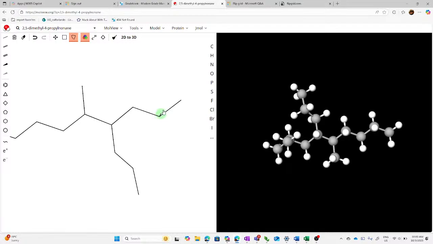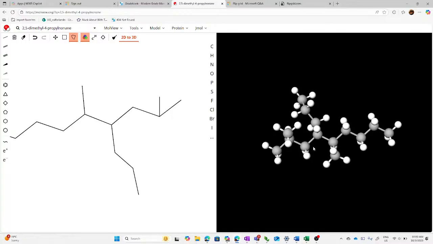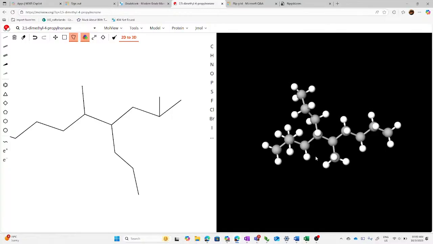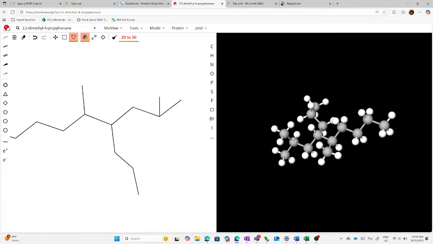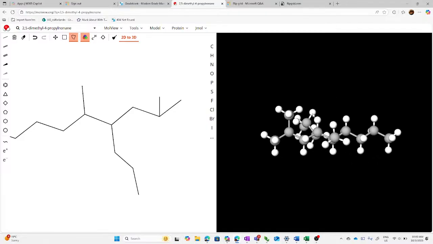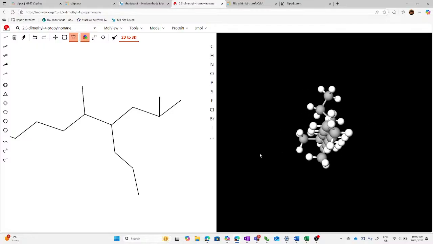Can you see that? I hate how that's drawn, right? But it's there. So on 2 we have a methyl group, on 5 we have a methyl group, and on 4 we have that propyl group, and you can see it here. And again, it can be kind of sneaky. This one's kind of hiding on you because it has that zigzaggy shape, because the bond angle isn't 90 degrees.